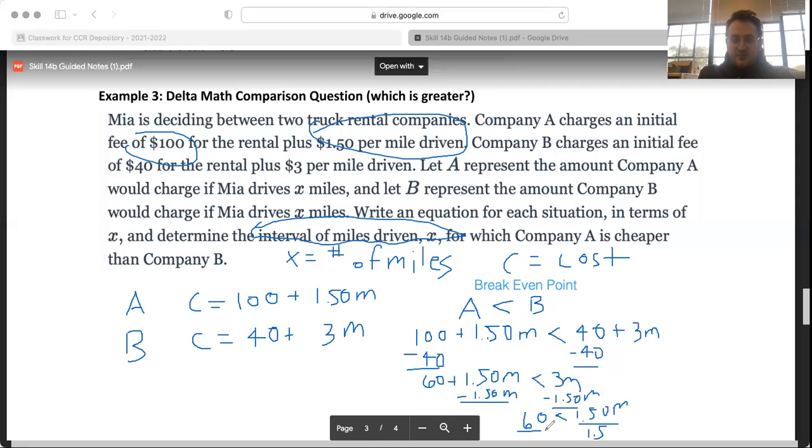And remember, we have just positive division, so we don't have to worry about the direction of the sign changing. And this effectively makes it so that I'm doing 60 divided by 1.5, which gives 40 is less than M. And we need to change this so that M is greater than 40. So after 40 miles or so, it is worthwhile to go with company A.